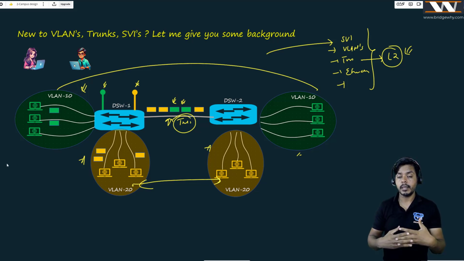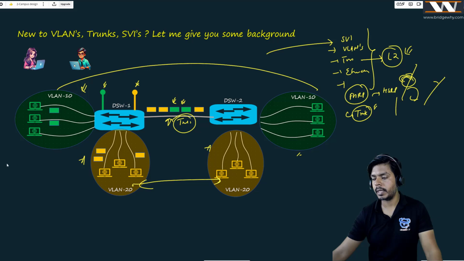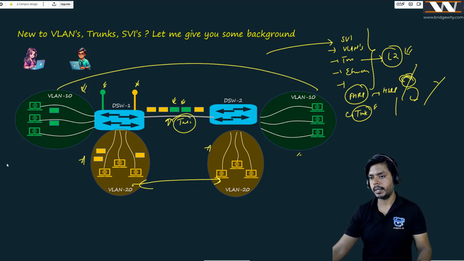And the concept like HSRP, I forgot to mention, right? First hop redundancy protocol, specifically HSRP, if you do, it is going to be fine. Tracking means you can use track to know whether my interface is up or not, and on the basis of this track you can make your active router passive in HSRP.